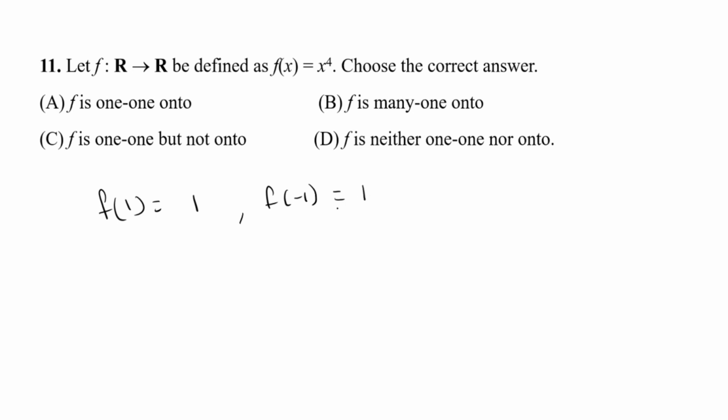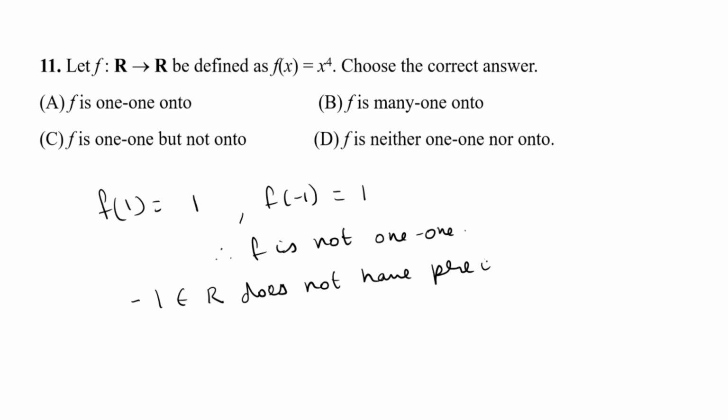So we have two elements in the domain having the same image. Therefore f is not 1 to 1. And if we take -1, it belongs to R but it does not have a preimage. So f is not onto. So the correct option is neither 1 to 1 nor onto.